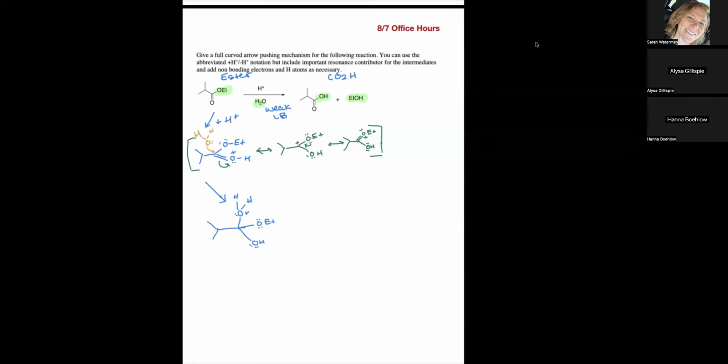So now we need to deprotonate, right? So -H+. Okay, and then we have some stability back in our molecule. OH, OEt, OH, right? We're getting closer, but just like OH, OEt, they're not good leaving groups, right?